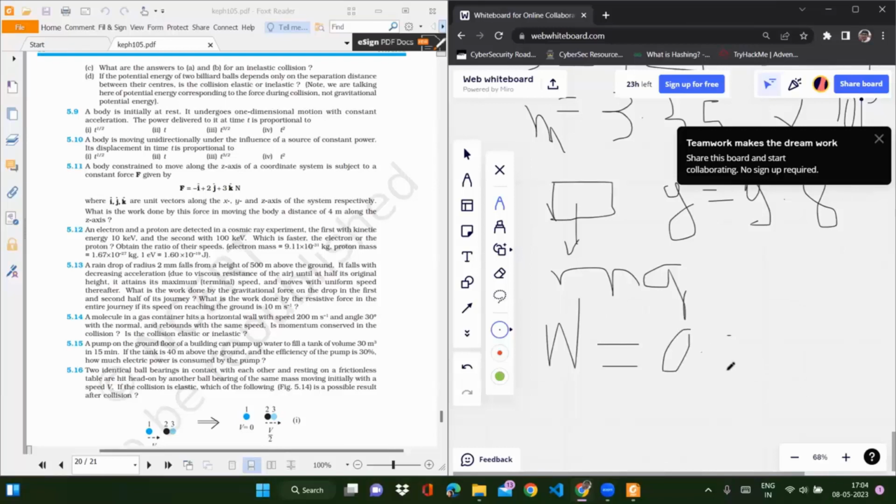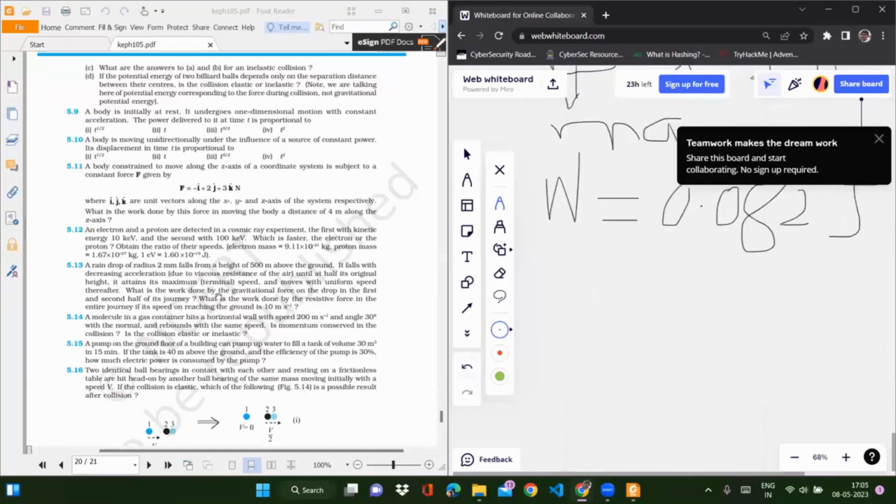So in both cases, as the displacement is the same and the force mg is the same, the work done will be the same, 0.082 joules. Now it is asked, what is the work done by the resistive force if its speed on reaching the ground is 10 meters per second?